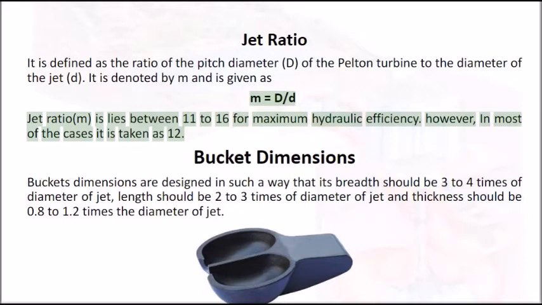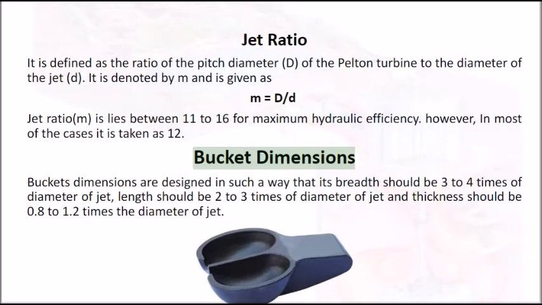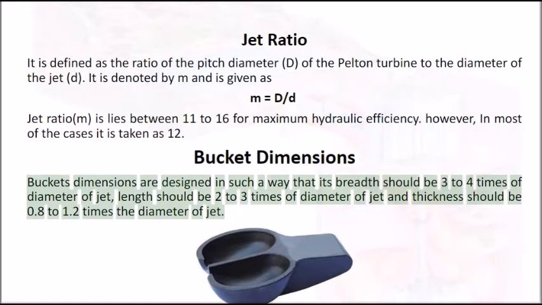Bucket dimensions. Buckets are designed in such a way that their breadth should be 3 to 4 times the diameter of the jet, length should be 2 to 3 times the diameter of the jet, and thickness should be 0.8 to 1.2 times the diameter of the jet.